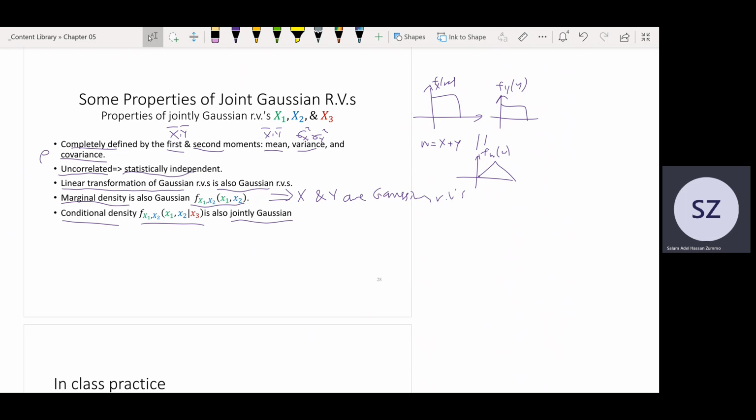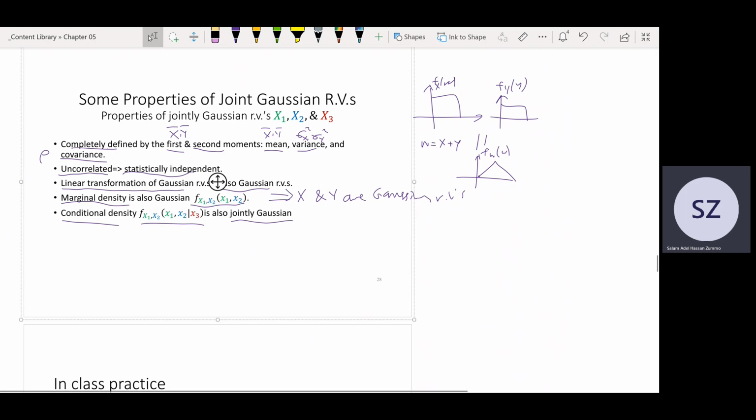For example here, if you know the first moments and second moments, then you know everything about it. You don't need anything else. So if I ask you to write the PDF, you should be able to write it if you know these. Uncorrelated means statistically independent if they are joint Gaussian.